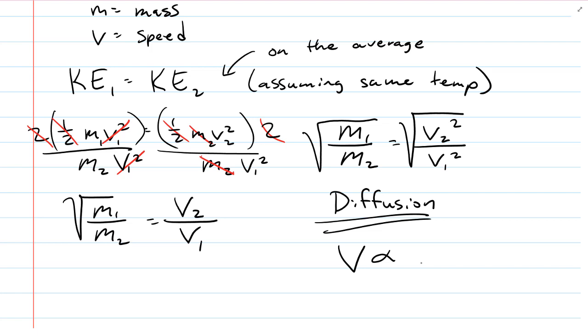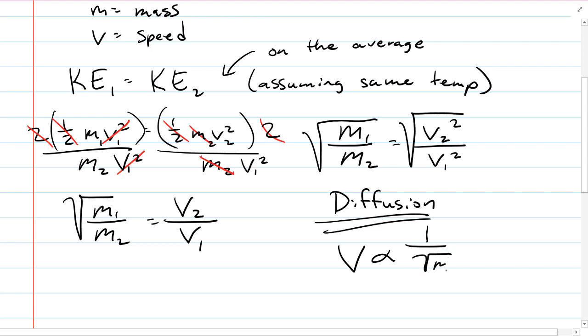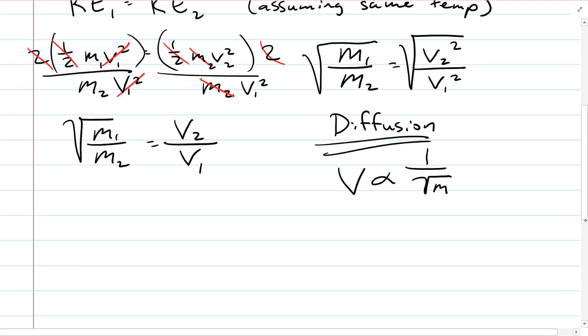This is an inverse. We would say it's inversely proportional to the square root of the mass, and that's exactly what we're showing here. This is the law of diffusion. So basically, heavier molecules will diffuse slower, and lighter molecules are going to diffuse faster.